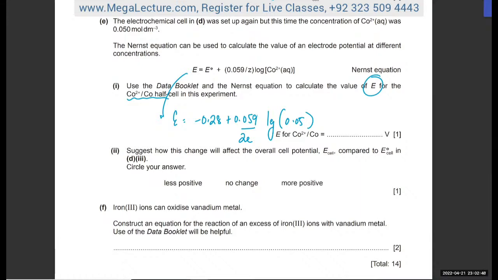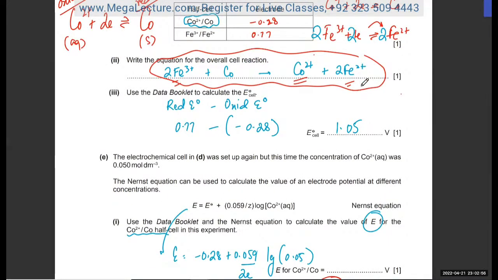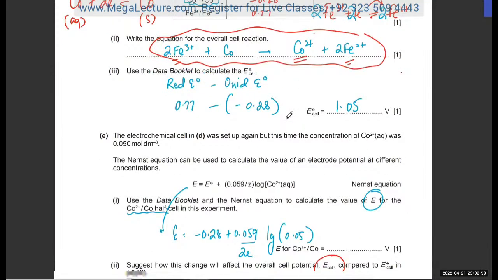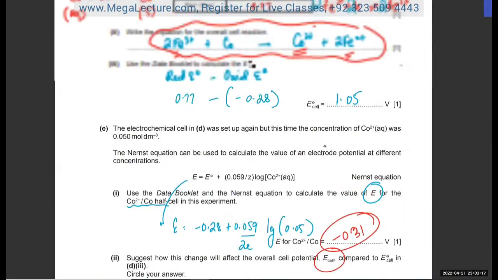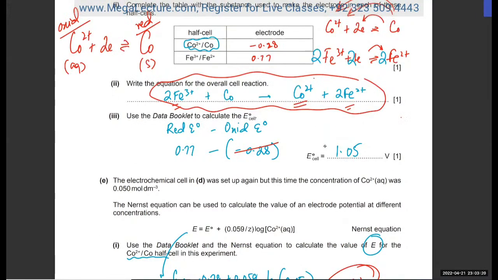Over here, he's talking about the E0 cell now. So over here he's talking about this thing, not about the individual potentials, right? So Pedro, explain what happens to this minus 0.28. Does it increase or decrease? Increase. What value do we get for this? Minus 0.31. So if I plug in minus 0.31 instead of minus 0.28, my E0 cell would become what?